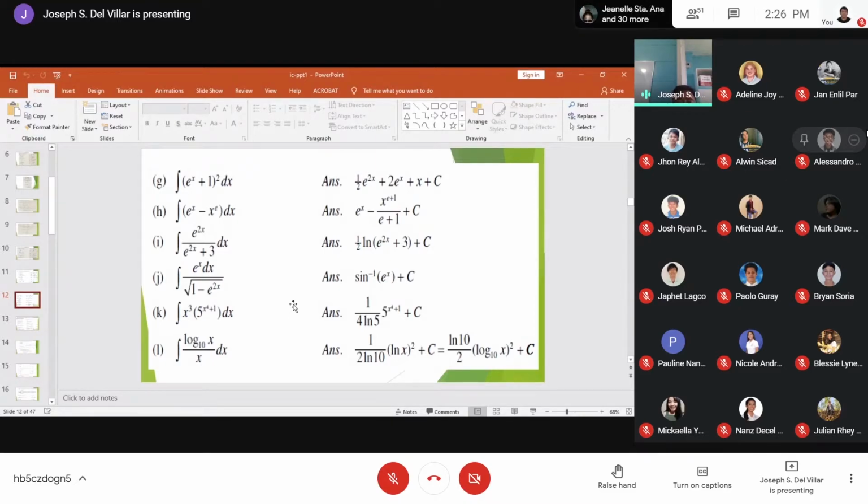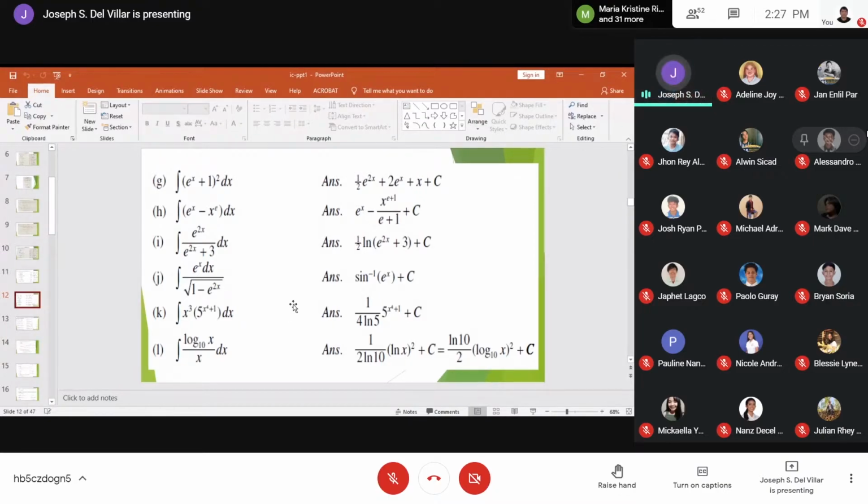So integrate now e to the 2x dx. How are you going to integrate that? Use substitution po, sir. Okay, pwedeng substitution. Pero sometimes, pag pwede nyo ng mental or oral, wag nyo nang i-substitute, no?